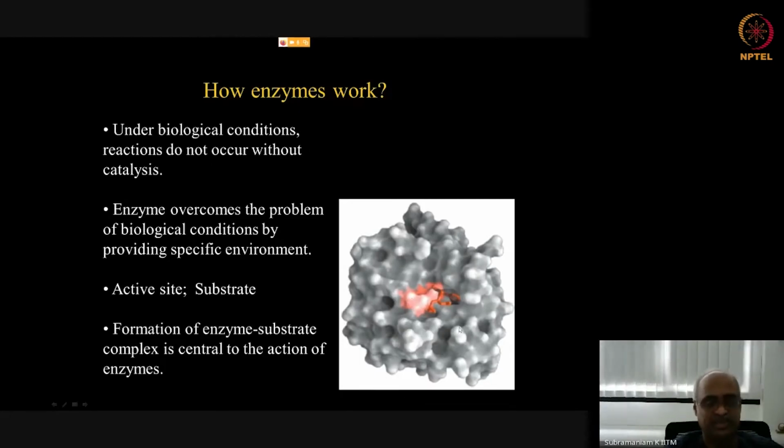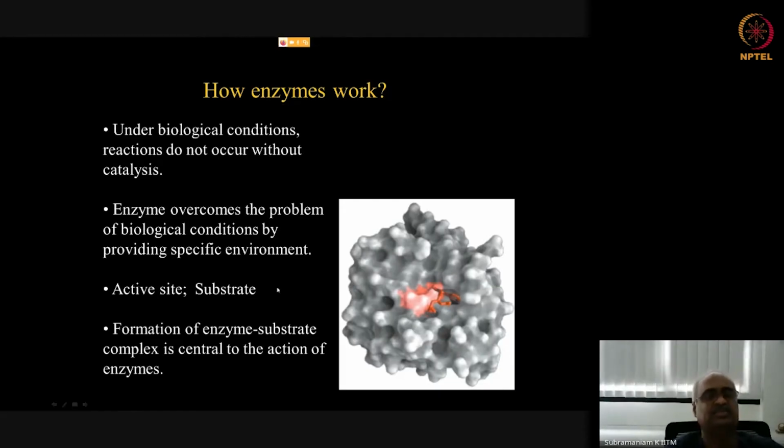One important concept we need to know is the active site. The active site is the site of the enzyme molecule where the reaction actually happens.